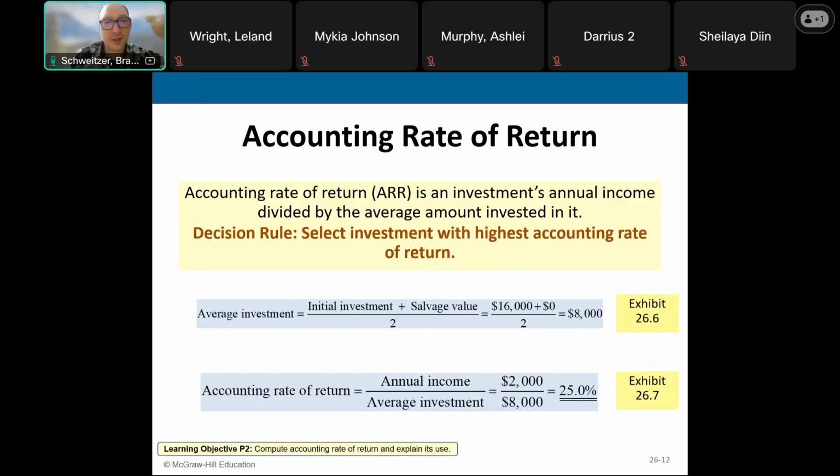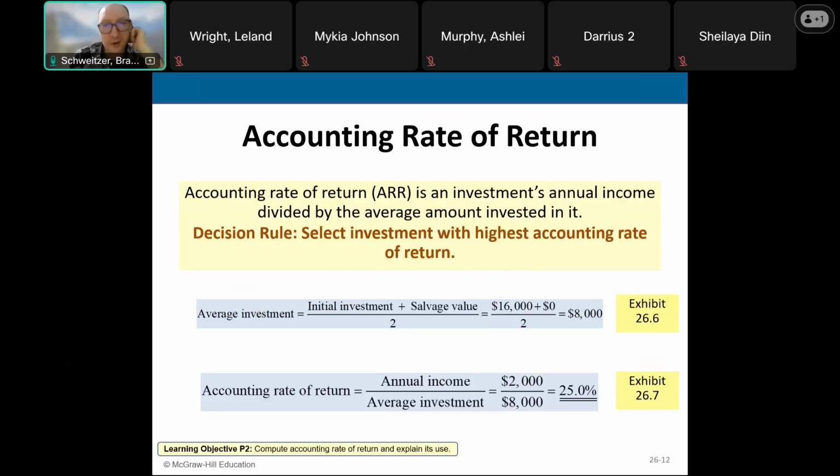And we look at this as an average, okay? So it's basically like saying, hey, you know what, over the average life of this investment, this is how much return I would expect on an annualized basis, okay?